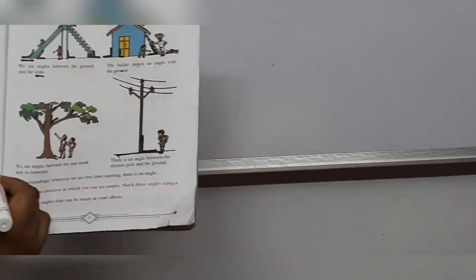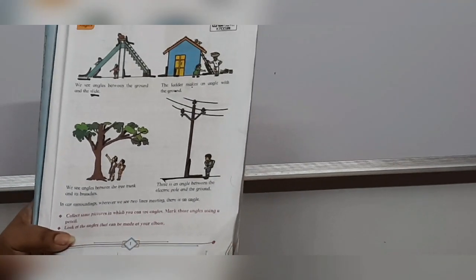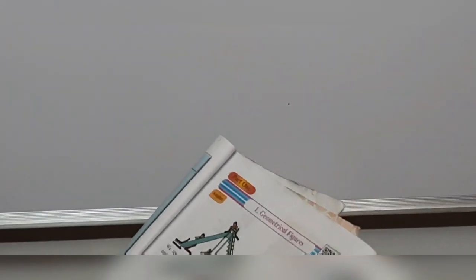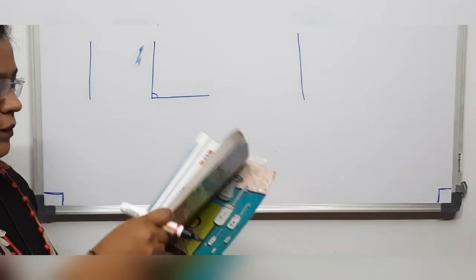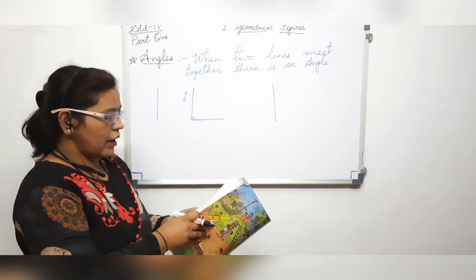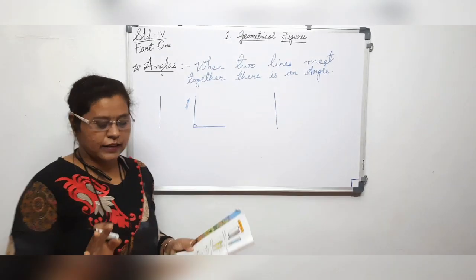Understood? In our surroundings, whenever we see two lines meeting, there is an angle. Now there are three basic angles.